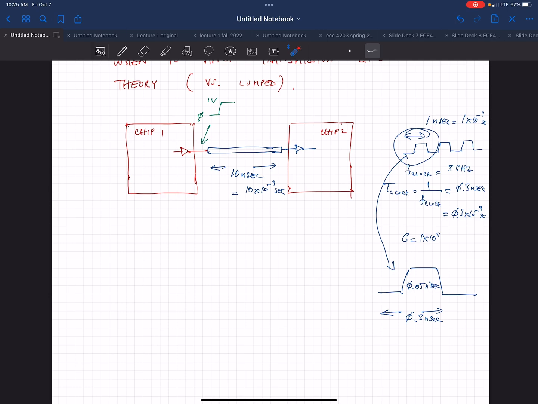So in this case, you do have to use a transmission line. It's pretty clear in this case, because if I was using a lumped line, it would say that if my input's at 0 and it's starting to go up to 1 volt, I pretty much see the same thing at the same time. Think about a lumped model.